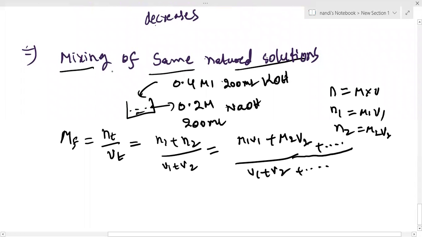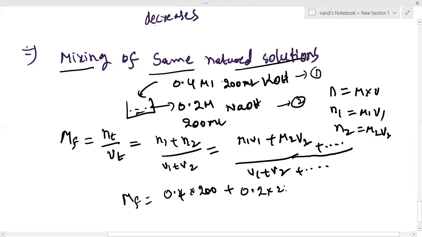Can you try it using this formula? So M final or M resulting equal to, I'm taking this as case 1 and this as case 2. You can try it. M1 is 0.4, V1 is 200, plus M2 is 0.2, and V2 is 200. For the total volume, V1 is 200 plus 200. We'll get your final answer.